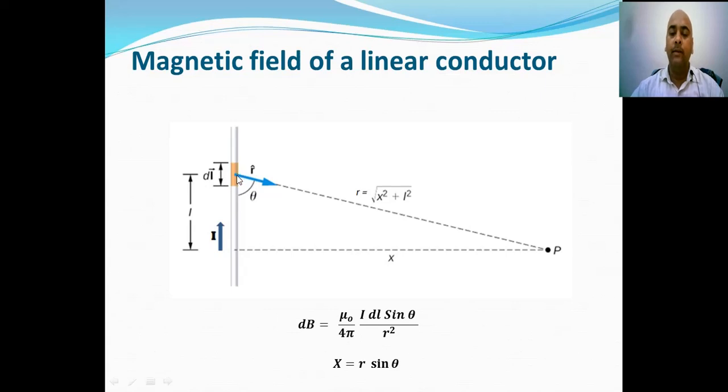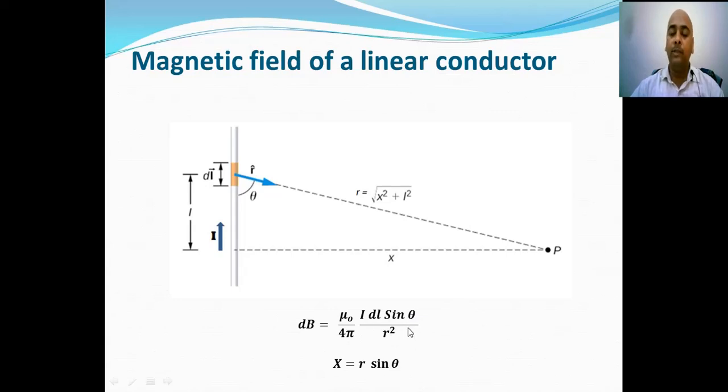Its location, for example, here we are considering that the small differential element is at location small l. Now the location may also vary, it may be at some other distance. So when we vary its location, the radial distance r will vary. So this equation has three variables. In order to ease the integration, we want that in spite of three variables, we should have only one variable.